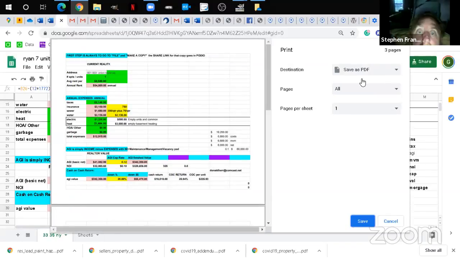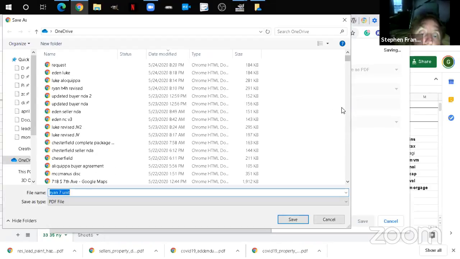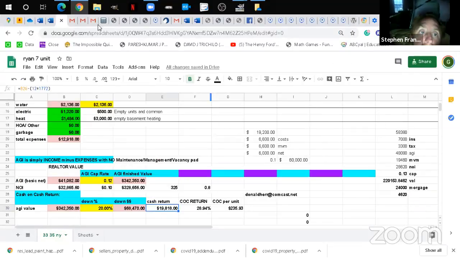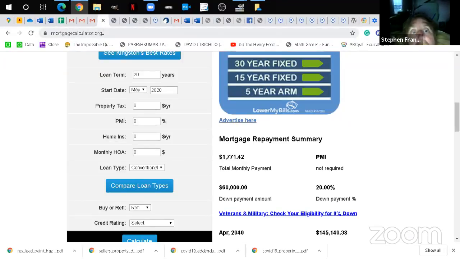So our marketing is going to be pages 1. All right, so our marketing is going to be that. Of course, this being a listed property is a little bit different.